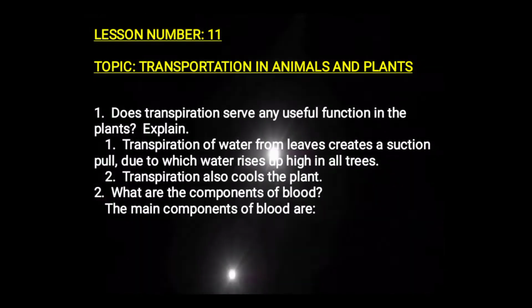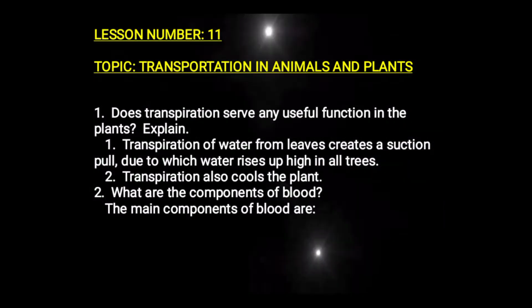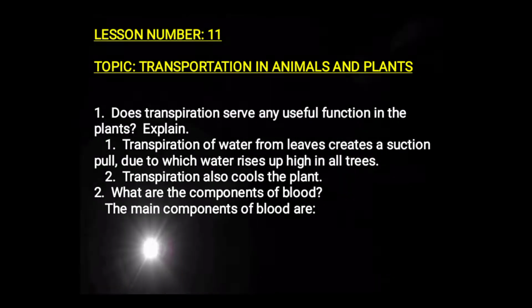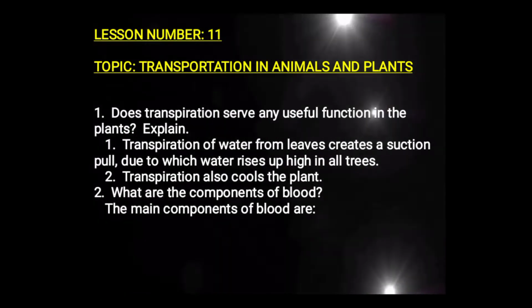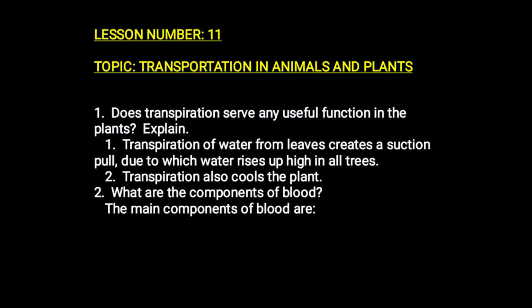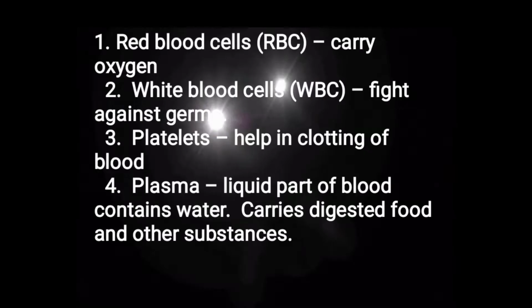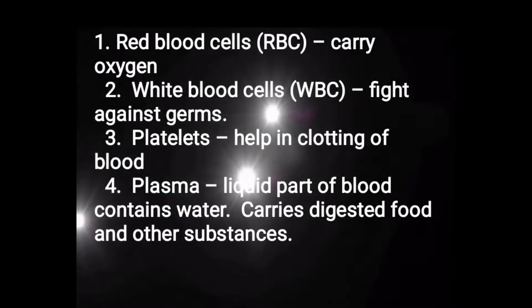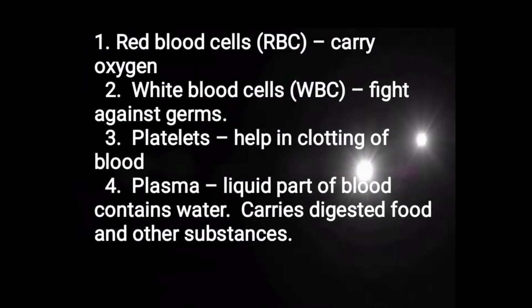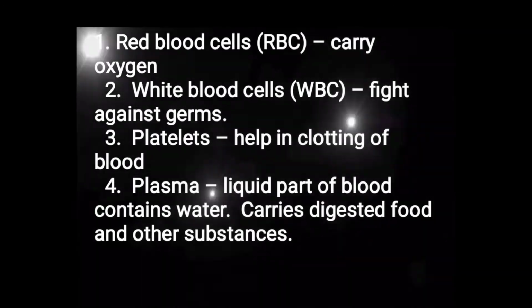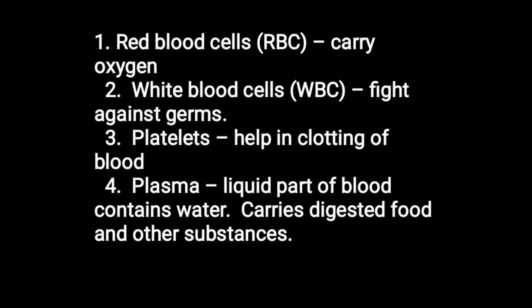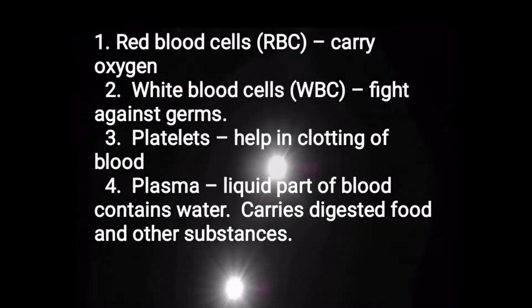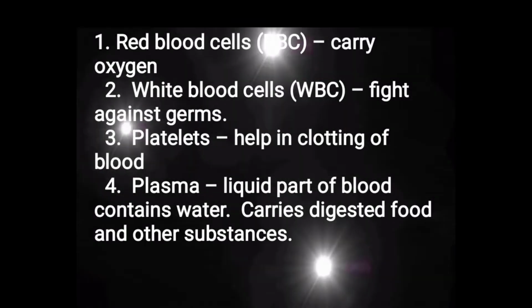So these are the two functions transpiration performs for plants. Now moving to question number 2, what are the components of blood? What does the blood contain? The answer is: the main components of the blood are red blood cells, which carry oxygen; second, white blood cells, which fight against germs; third, platelets, which help in clotting of blood; and fourth, plasma.